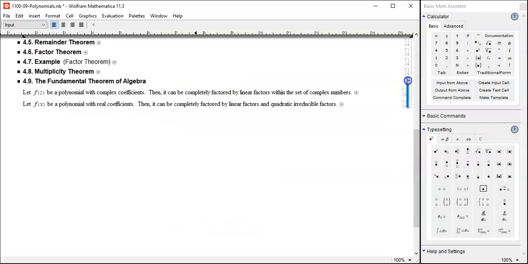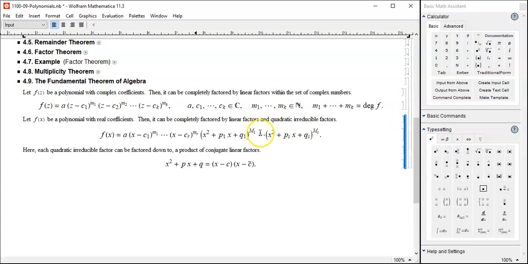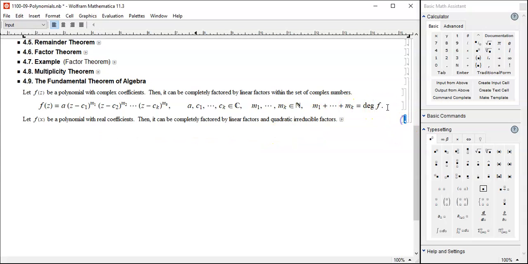And then if you complete it to all powers, then you're going to get all those linear powers associated to the zeros with multiplicities m1 through mr, and then quadratic irreducibles. And why quadratic? That's related to something called the fundamental theorem of algebra.